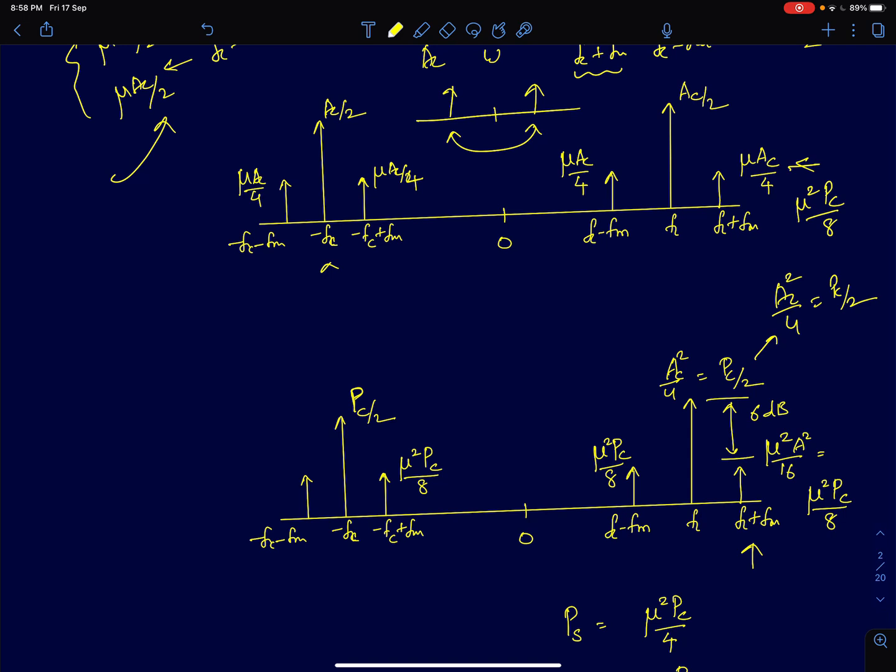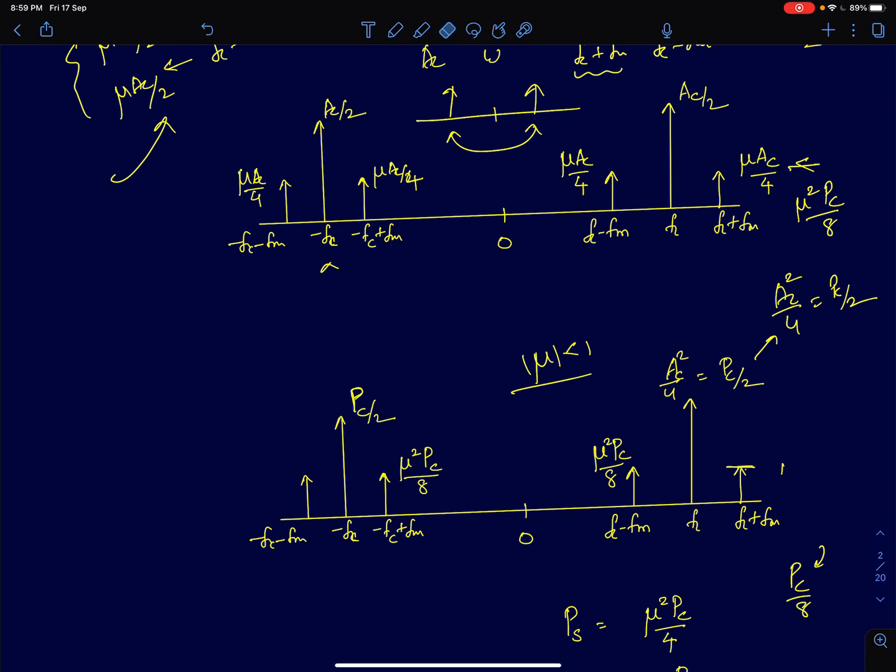So if I assume the maximum modulation index, which we will see will always be less than or equal to 1 in conventional AM, if I assume mu to be equal to 1, the carrier power to the sideband power. So the sideband here, I'm talking about, let's say, the upper sideband. The upper sideband power is mu square PC by 8. If I assume mu to be 1, it will be PC by 8. So the maximum upper sideband power is PC by 8.